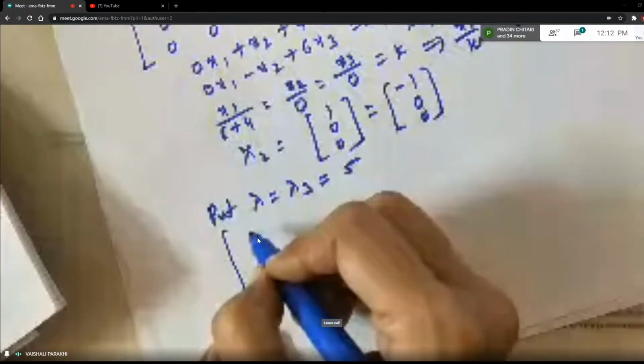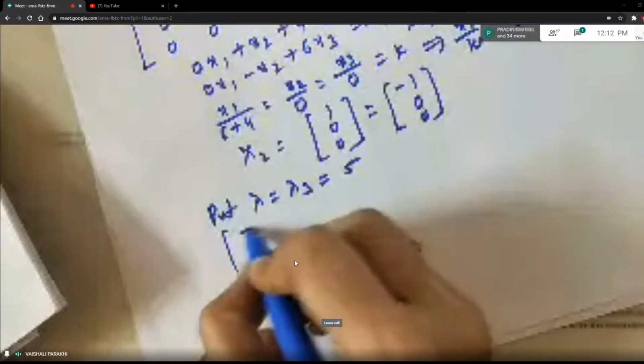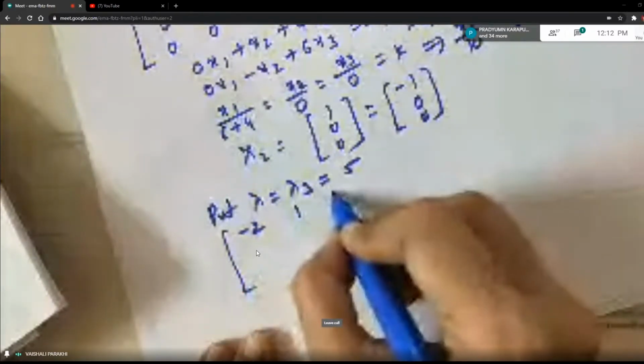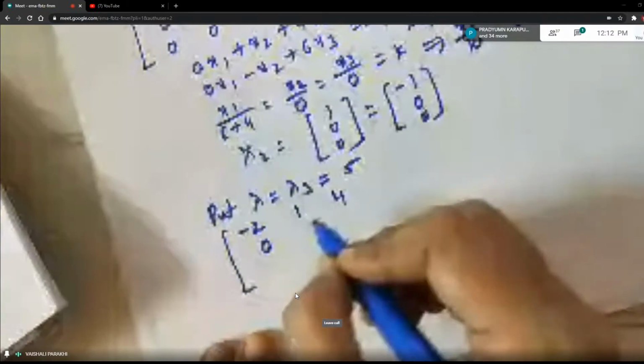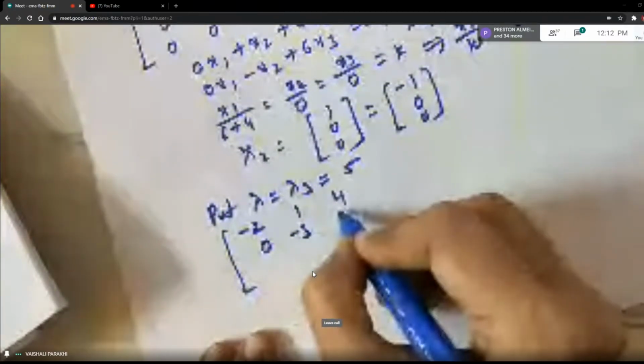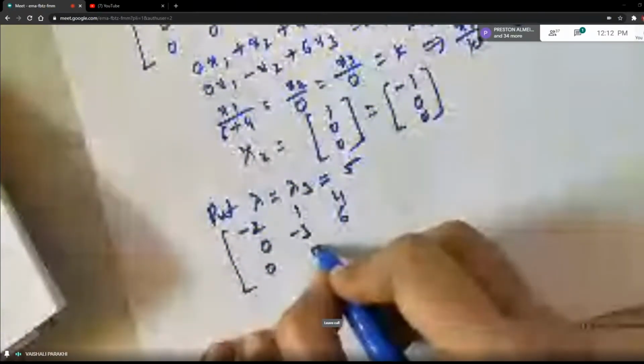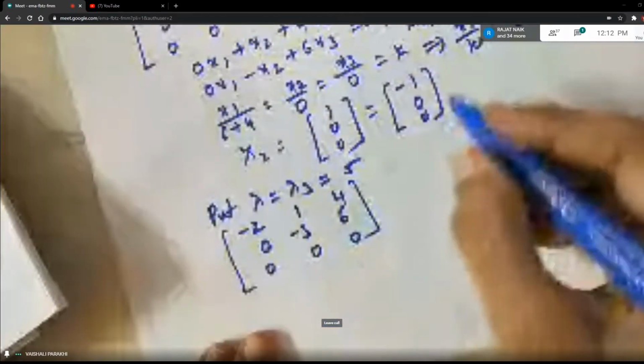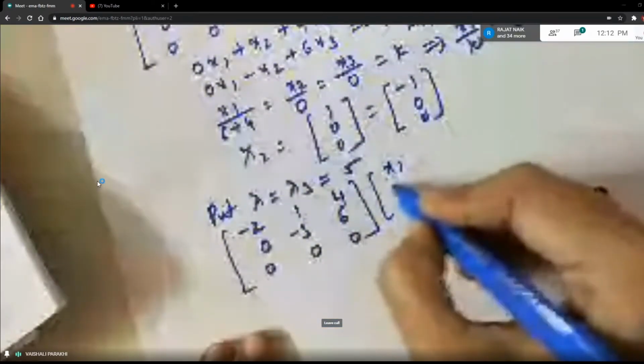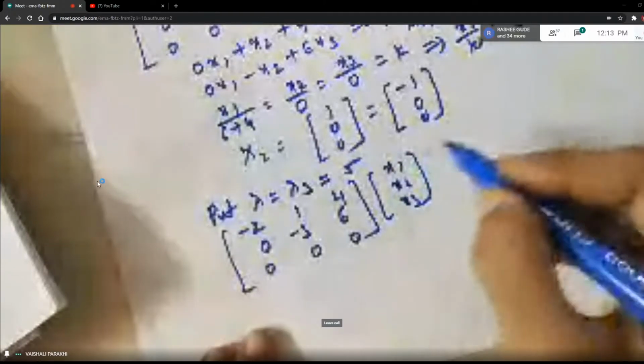Equation A becomes: 3 minus 5 is minus 2, then this is 1, 4, 0. 2 minus 5 is minus 3, 6, 0, 0, 0. 5 minus 5 is 0. And this is x1, x2, x3. Please tell me if I am going wrong anywhere.